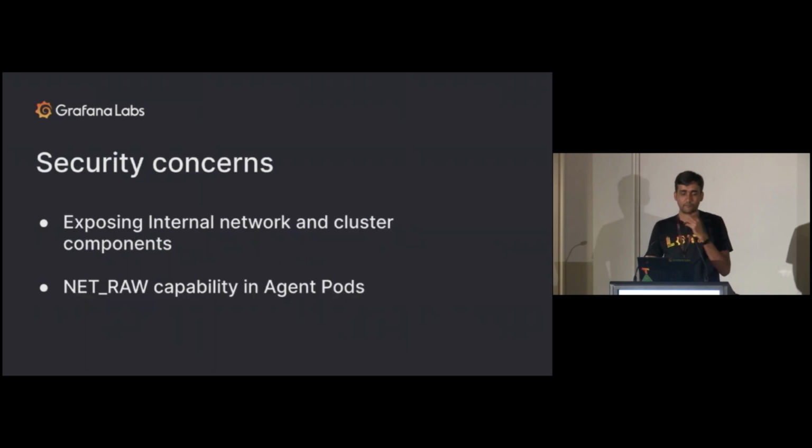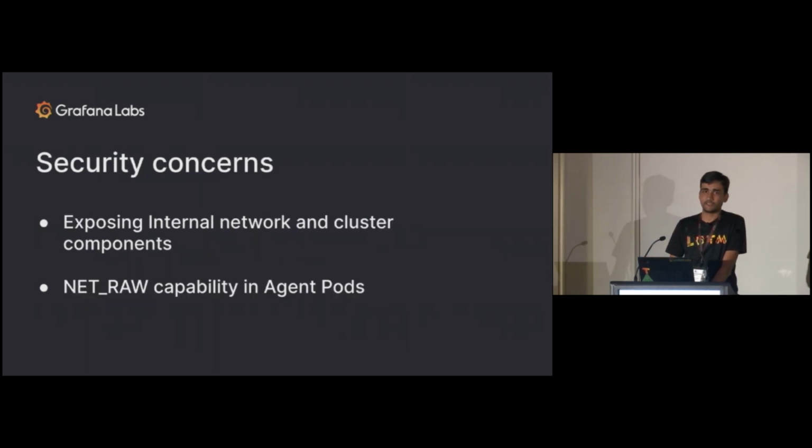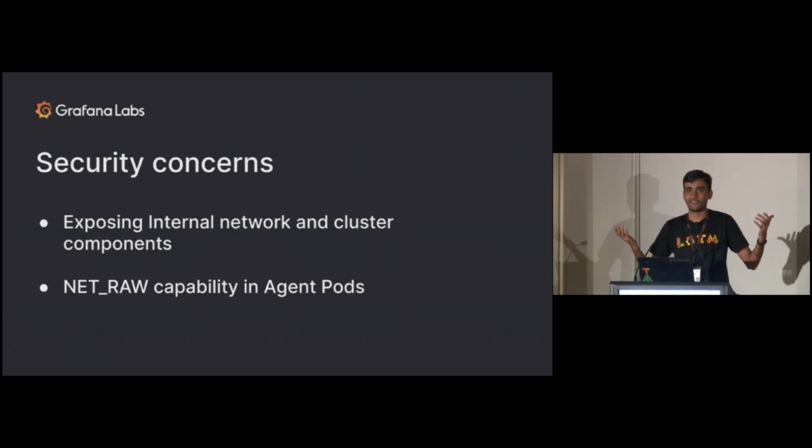Then we had a bunch of security concerns. You want to use Kube, but Blackbox Exporter needs the NET_RAW capability to do ICMP pings, and NET_RAW is not recommended. You shouldn't grant your pods NET_RAW capability if you're running on Kube. So this was a really big deal.